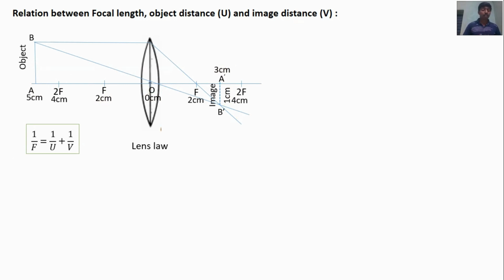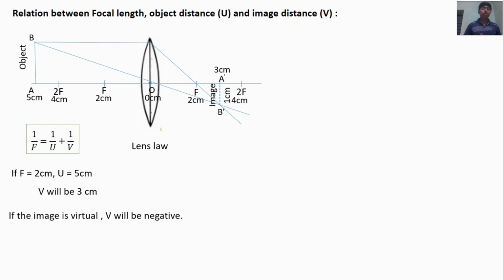F means focal length, u means object distance, v means image distance. Substitute f = 2 cm, u = 5 cm, and you will get v = 3 cm. So the experiment result as well as the lens law formula are the same. Hence the formula is verified.